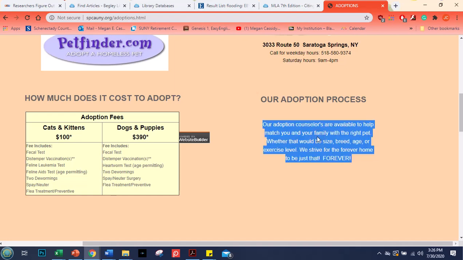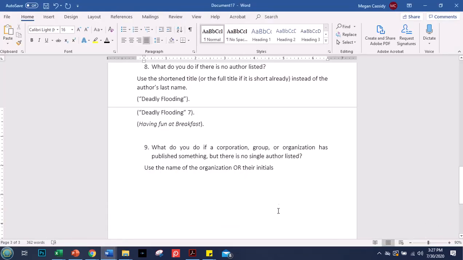But let's take this quotation from them. And my introduction to my quote is going to be something like, many animals are available for adoption in our area.